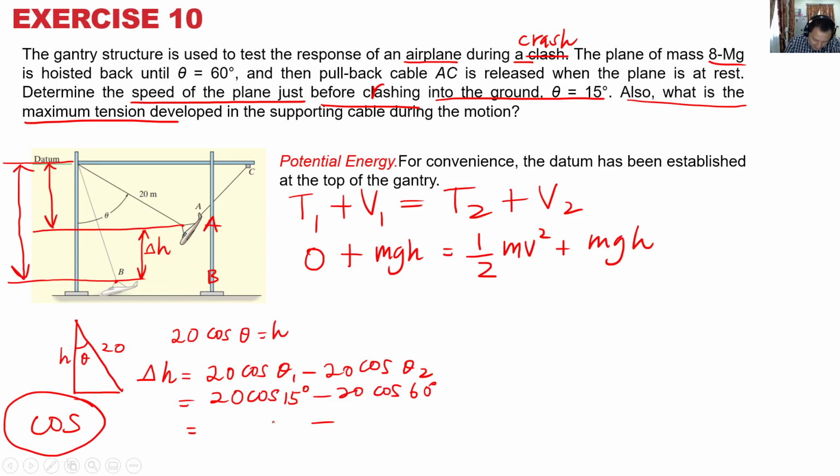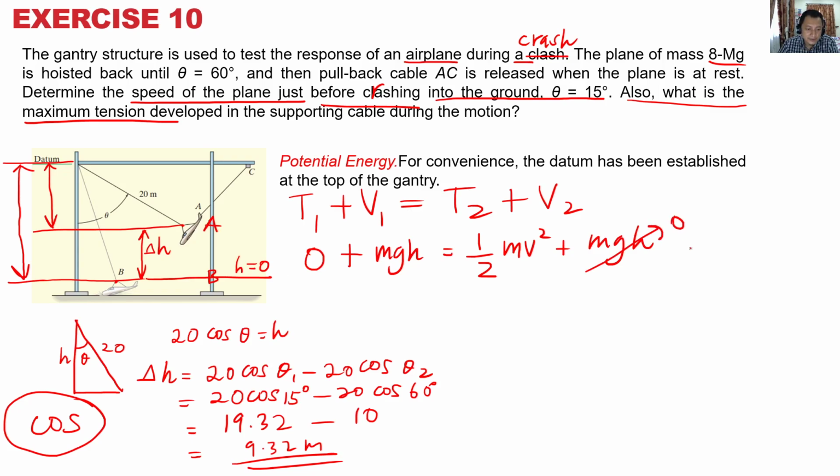So 20 cos 15, 19.32. 20 cos 60, 10. So we get 9.32 meter. So if we take the datum here, H is equal to 0. This one is gone. You take this location as H.